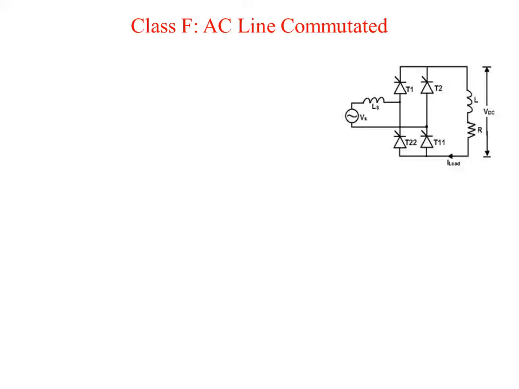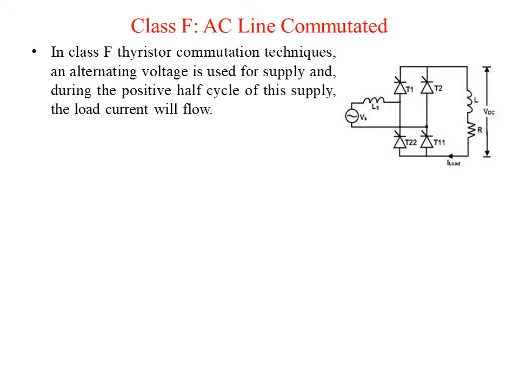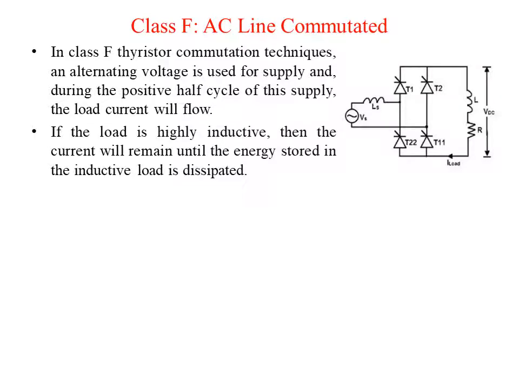Last classification is class F, that is AC line commutated. The figure on the right hand side shows the circuit connection of class F commutation. In class F thyristor commutation techniques, an alternating voltage is used for supply, and during the positive half cycle of this supply the load current will flow.